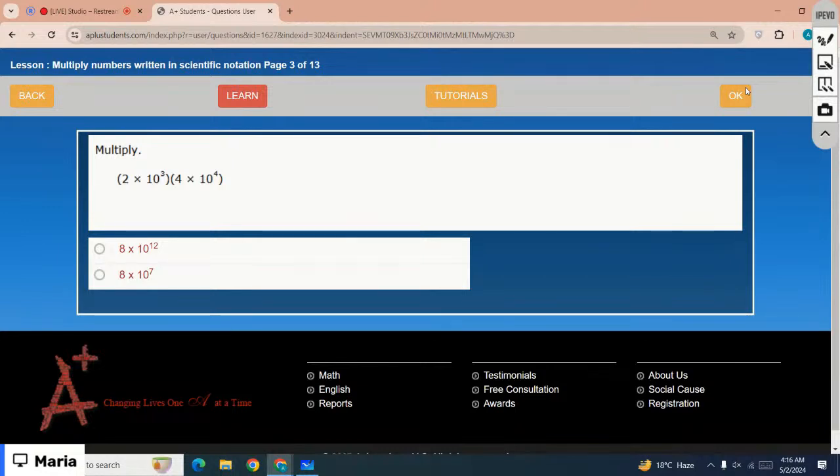2 times 10 exponent 3, and you have to multiply 4 times 10 exponent 4. So which is the correct option?